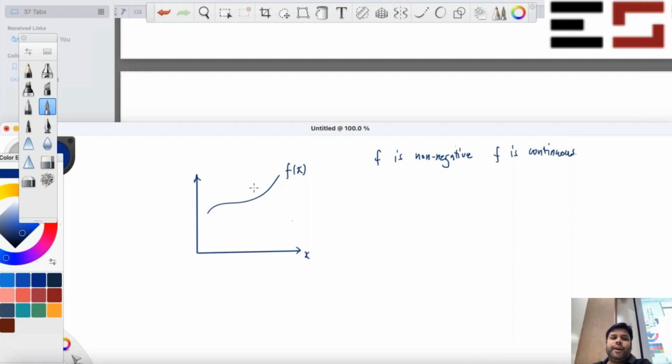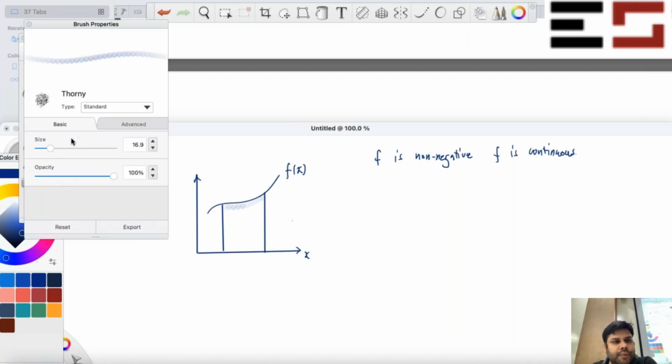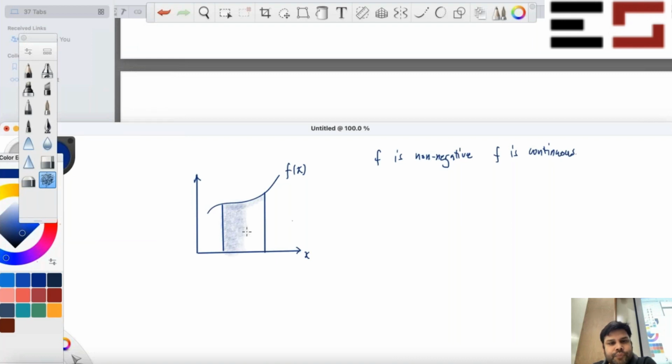Now suppose I want to solve this problem. I want to find this area. Basically, what is this area?